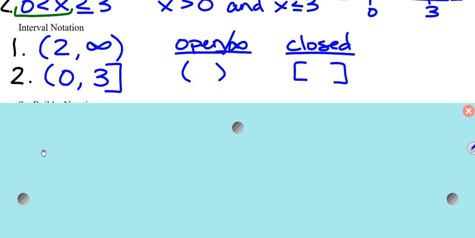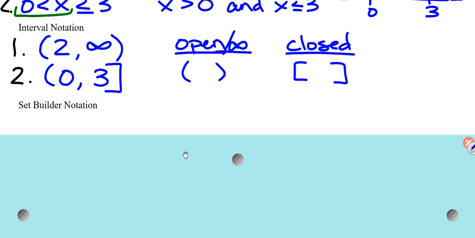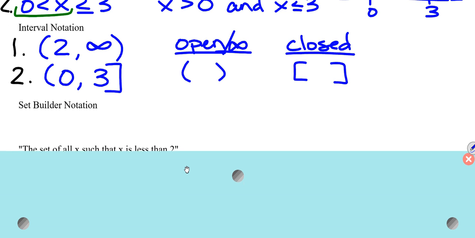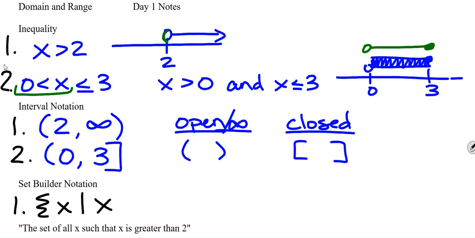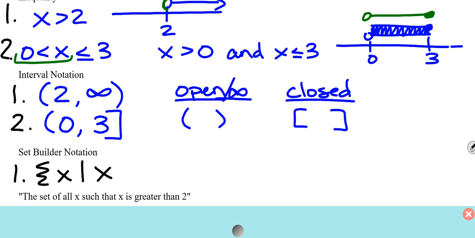Another one here is set builder notation. So for set builder notation, the first one here, number 1, we would write it as the set of all x such that x, and then our original number 1 here, so we're just duplicating each of these in the different notations, is greater than 2.